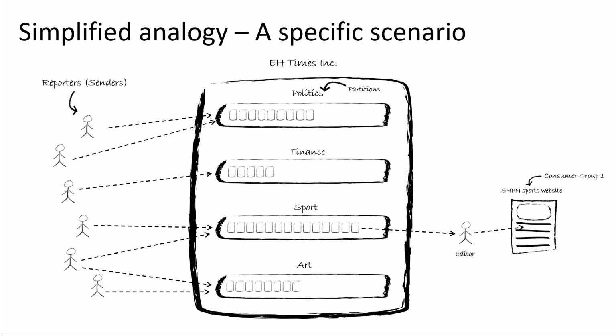We do have a couple of rules while retrieving from the partitions. We have consumer groups, which are apps that let you read from each of those partitions. You can have only one active reader on a particular partition in a particular consumer group. That means, suppose this editor doing the sports section works an 8-hour shift, say 8 to 4.